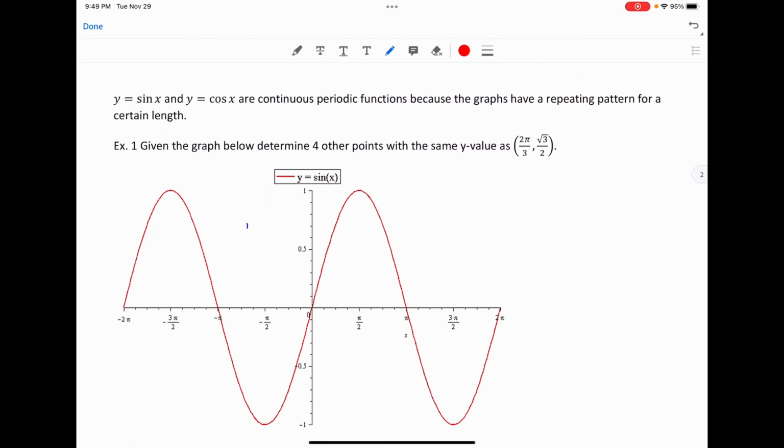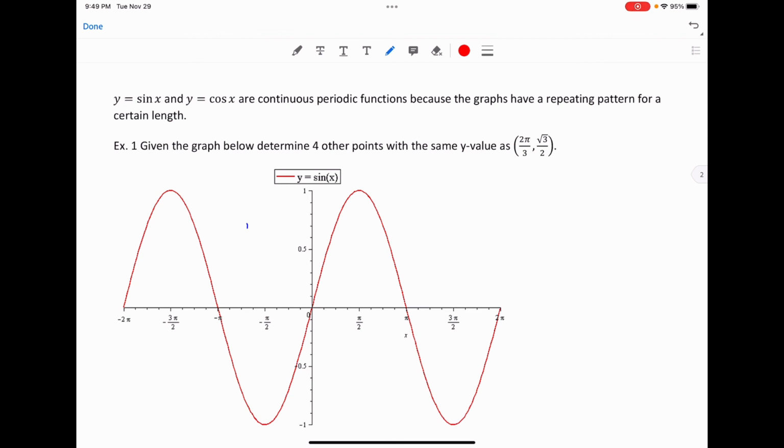All right, so y equals sine x and y equals cos x are both continuous periodic functions because the graphs have a repeating pattern for a certain length. Given the graph below, determine 4 other points. I'm just going to do 3 other points with the same y value as 2 pi over 3, root 3 over 2.